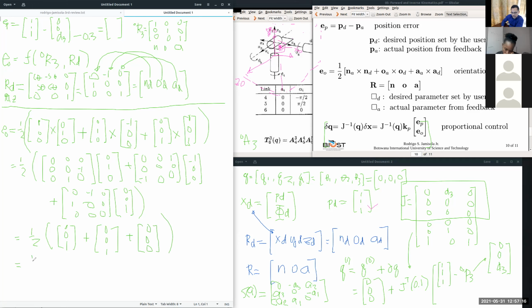So this is 1/2 of the result 0, 0, 2. So the result is 0, 0, 1. That's the error term, the error term of the orientation.